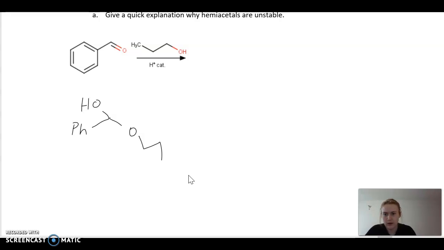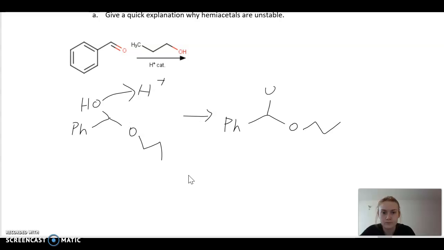What's going to end up happening is the hydroxy group is going to pick up a proton and become water. This is an extremely good leaving group, so that's going to leave.